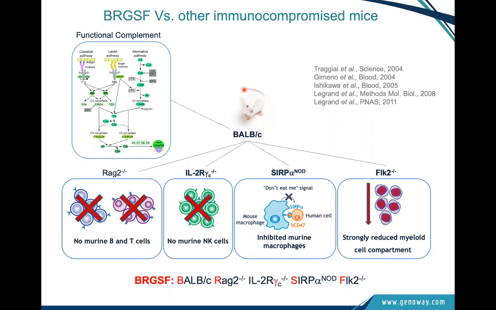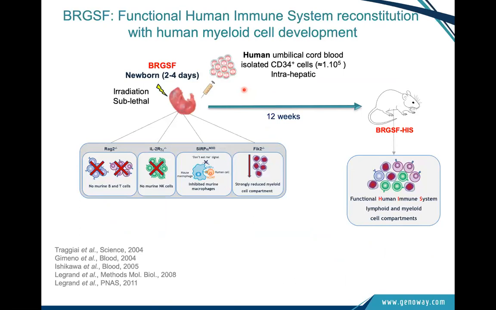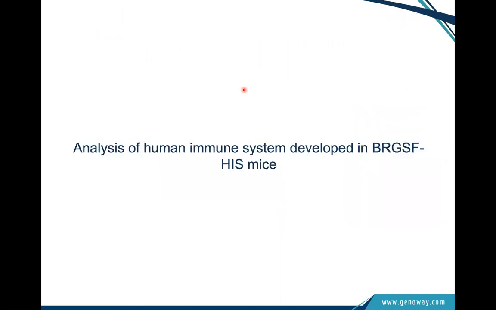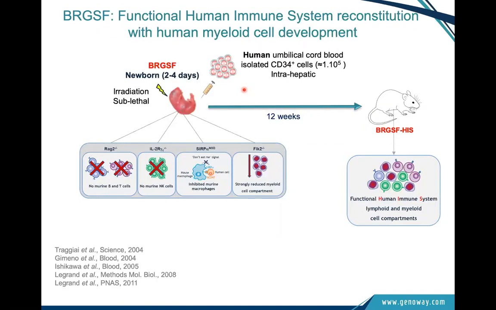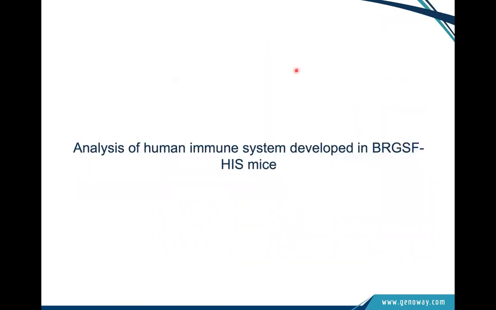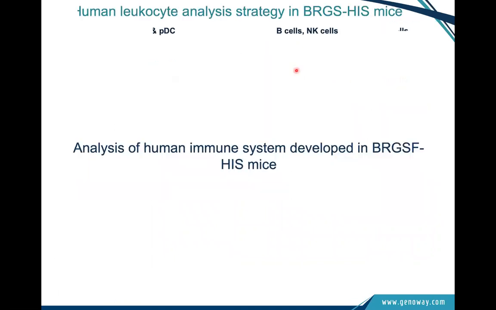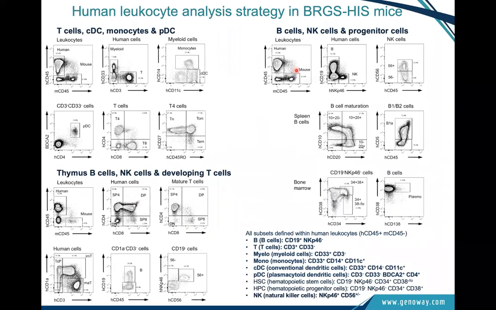First, I will walk you through the permissivity of the model due to the SIRP-alpha which is added. So when you reconstitute those mice with human CD34 positive cells, this is what you're seeing. Here, I'm just showing you the panel of markers that were studied to identify the different cell populations.